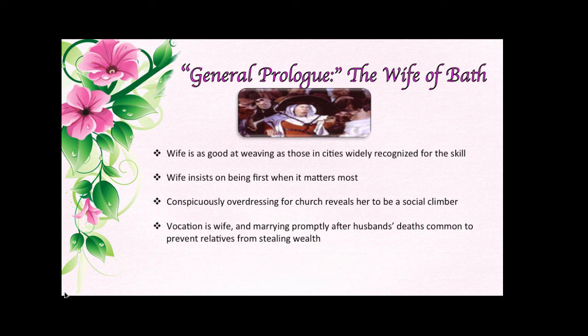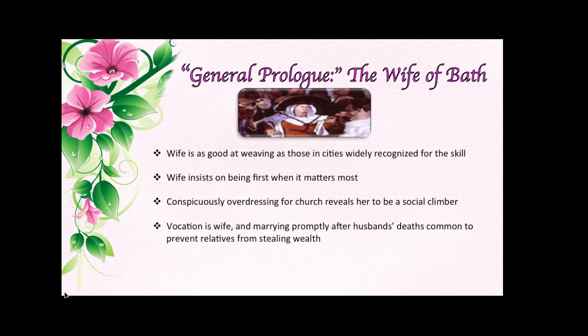She is a wife first and foremost. We learn that she's had five husbands, and she's looking for a sixth if she can find him. And her prologue, of course, defends this idea of multiple marriages.